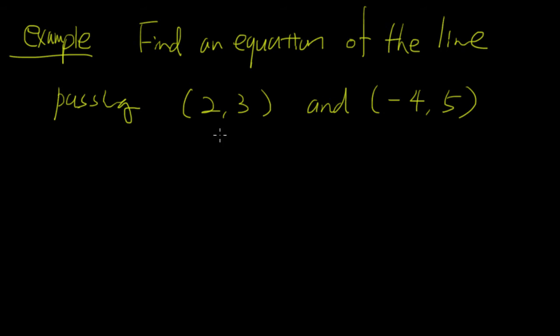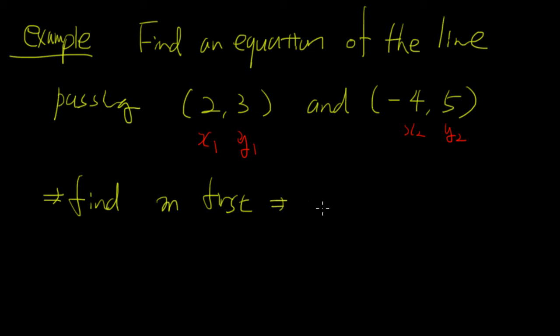Well, we can find slope first. Remember that x1, y1, x2, y2, we can actually find slope first. Meaning m is going to be y2 minus y1 over x2 minus x1.